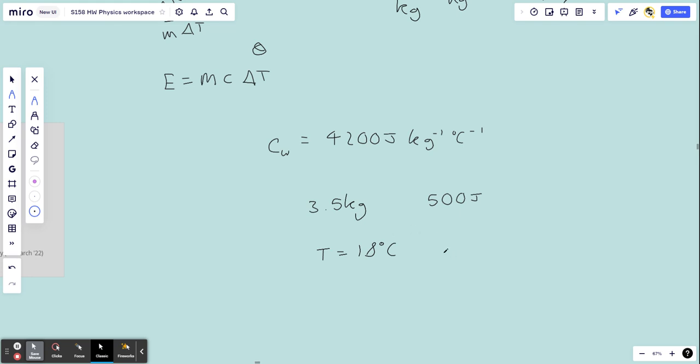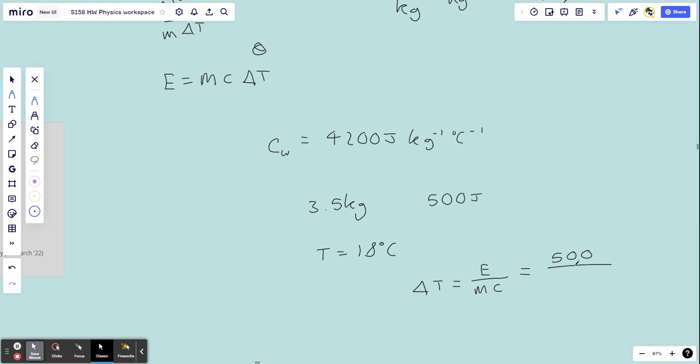So I'll presume now you've just unpaused it, and so let's use this formula up here: E equals mc times delta T. Now we're going to rearrange it for delta T. So delta T is equal to energy over the mass times the specific heat capacity, which is 500 over 3.5 times 4,200.